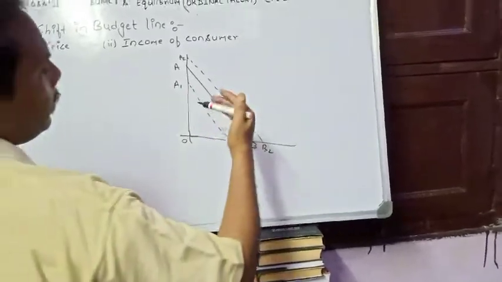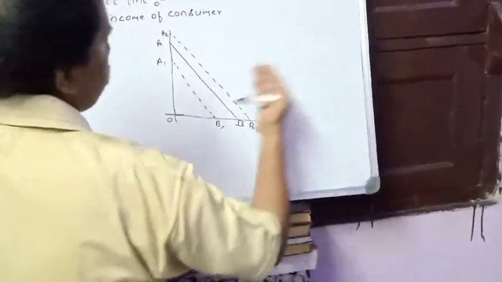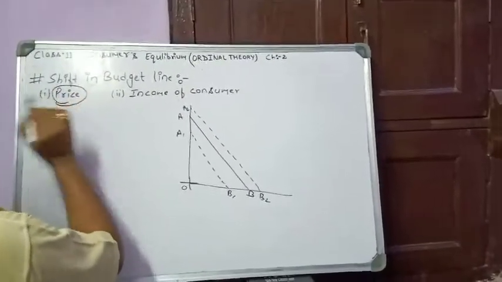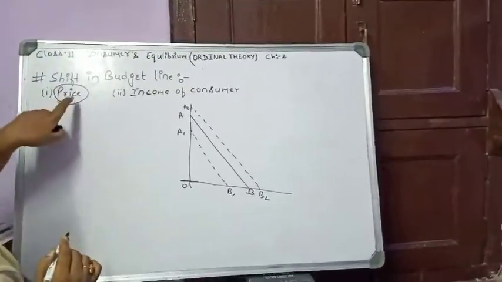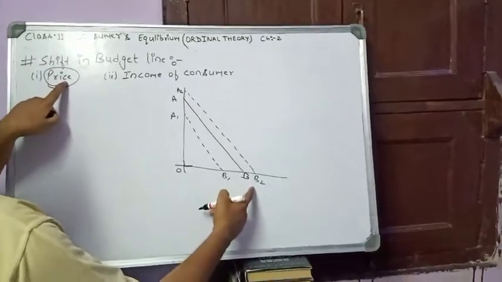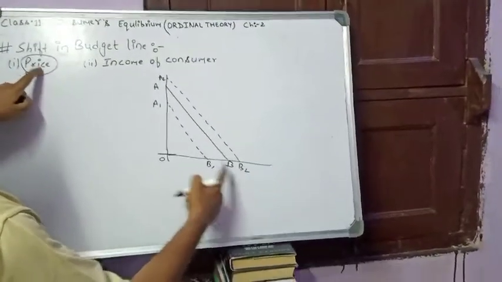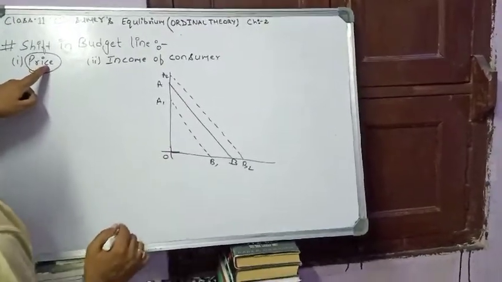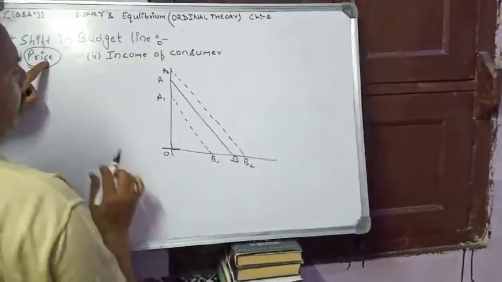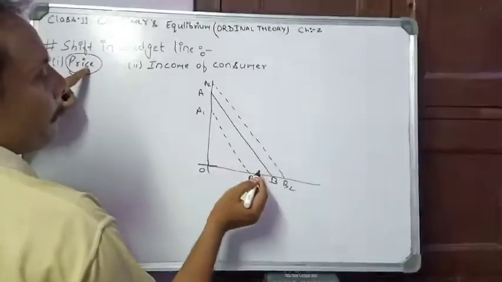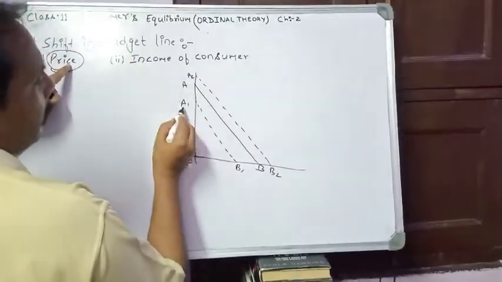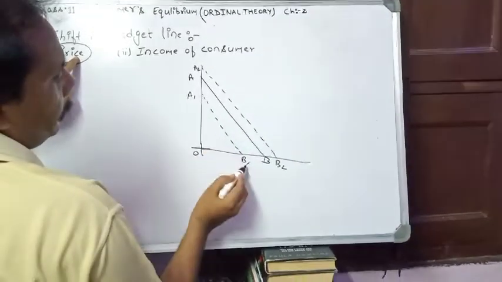So why does the budget line shift either rightwards or leftwards? The most important factor is price. If the price of both the commodities increases, then from the given income a consumer is capable of buying less quantity, and due to that the budget line will become A1 B1.